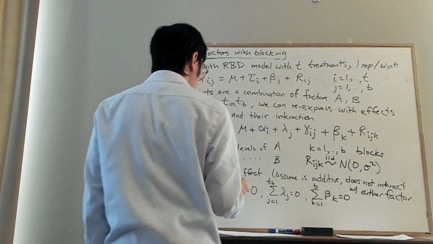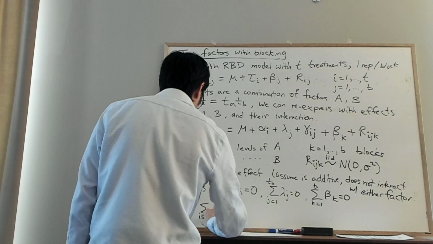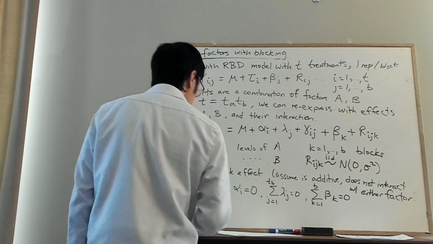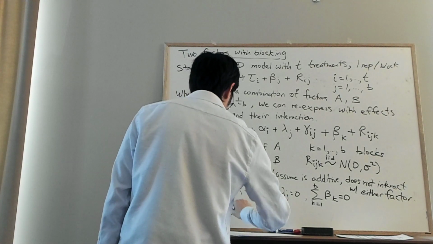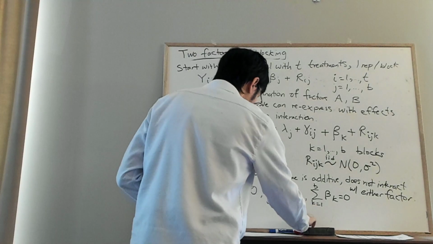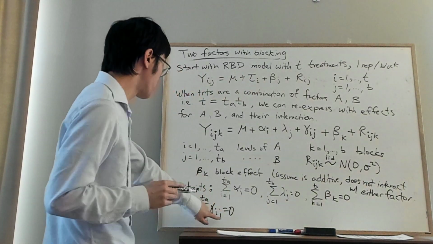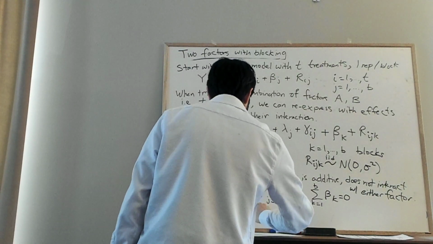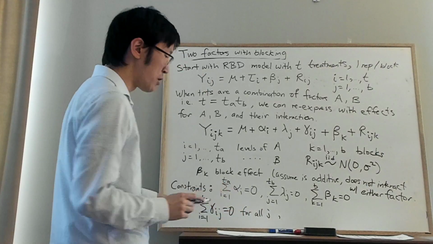So interaction parameters. The constraint on that is that if I sum over i, the first index of the interaction parameters gamma ij, that's going to be 0 for all j. So for any index j, this sums to 0, and then you flip the indices.